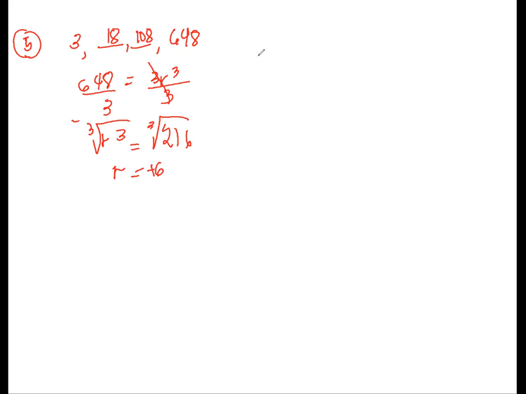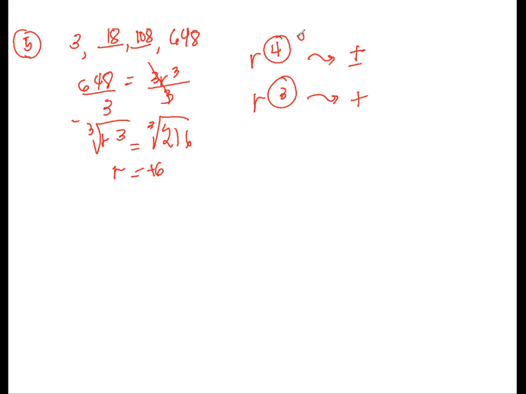If the exponent of R is even, you have to consider the values of R, positive and negative. If it's odd, you have to consider the value of R as positive only.